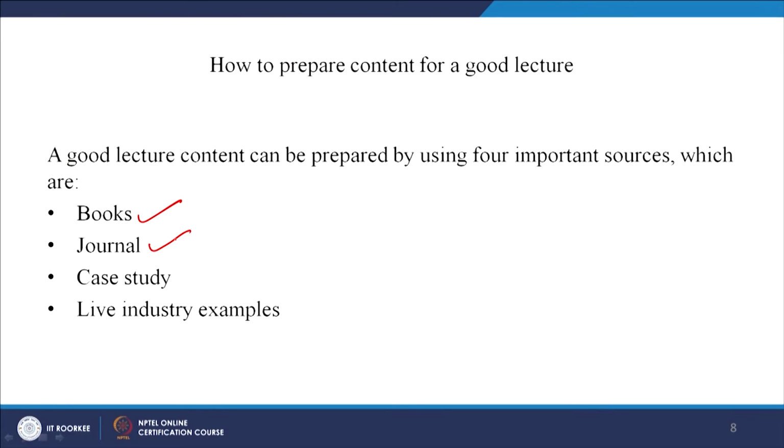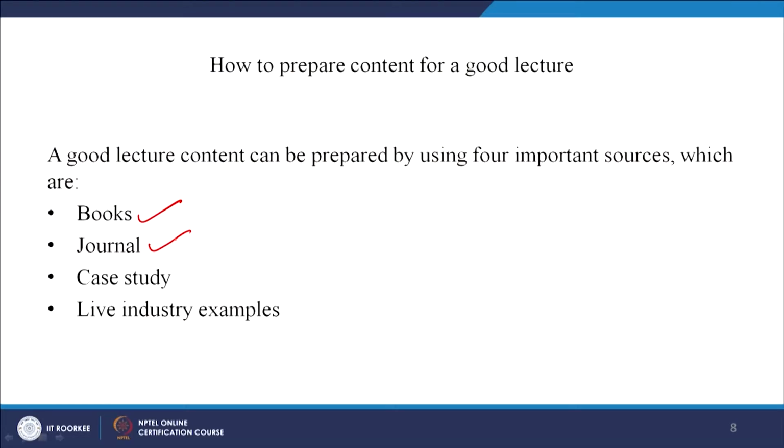What I will suggest is, please also refer to journals. Nowadays we are talking about Scopus listed, SSCI listed and ABDC listed journals, and those will be the authentic source for this type of training program, and we can take the research input.